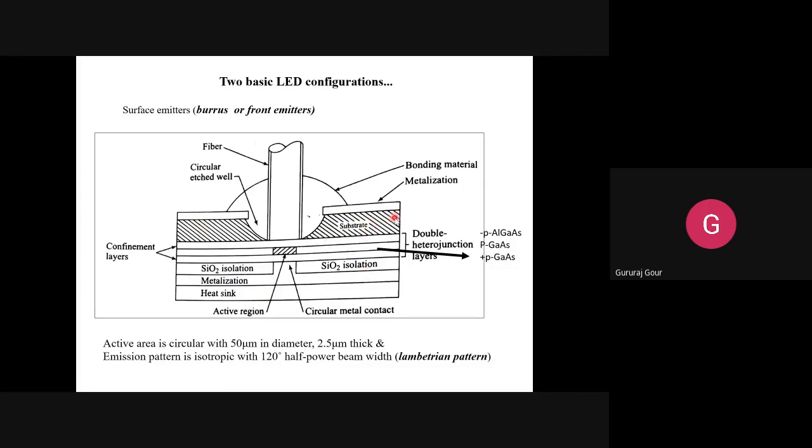The main function of the substrate is to inject more number of majority carriers in the top layer, so that they will be made to fall more in number to the bottom layer, letting more recombination happen in this active layer, and we'll be getting more coherent light by these three layers.